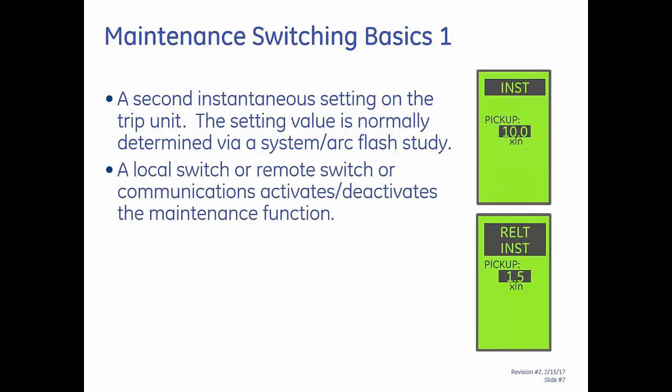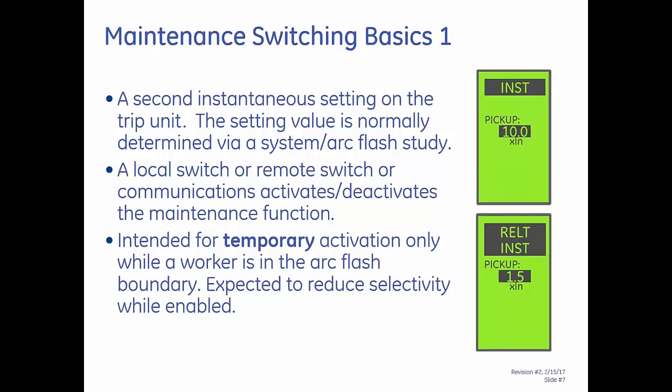The maintenance switching function can be enabled, that is turned on and off, via the local switch I showed you, via HMI if that is part of the system, via a remote switch, or via communications if the trip unit is also a communicating trip unit.